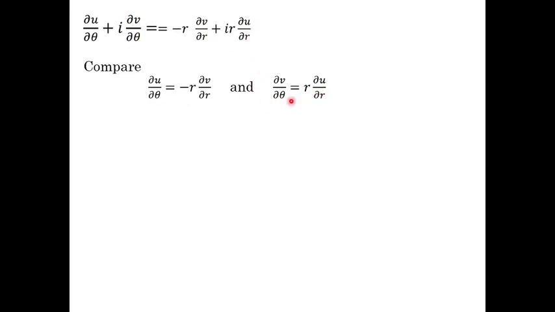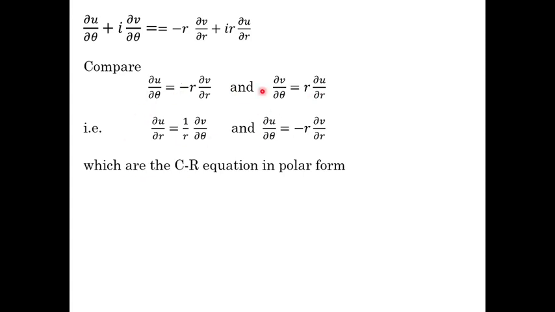This can also be written by rearranging this equation, because in the Cartesian form we write dou u by dou x is equal to, and dou u by dou y. So similarly we can also write in polar form. Here u is a function of which variables? R and theta.